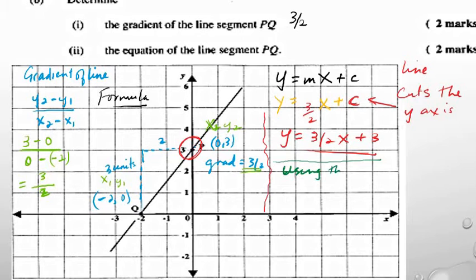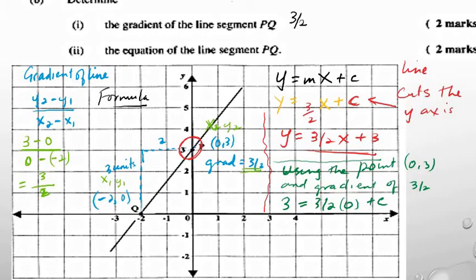Using the point (0, 3) and the gradient of 3 on 2, y is given by 3 in this case. 3 is equal to 3 on 2 times x, which is 0, plus c.